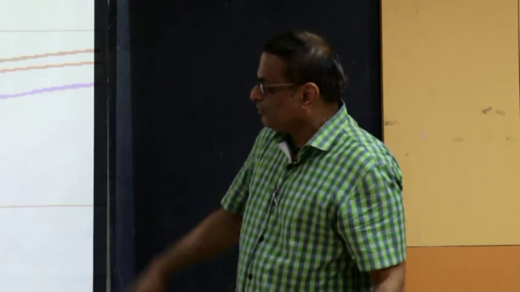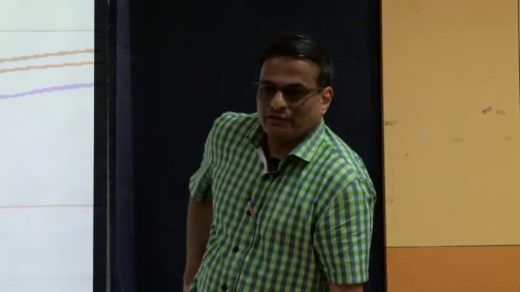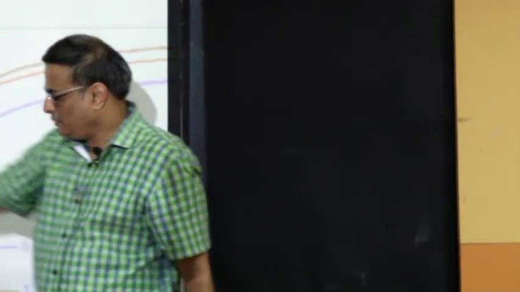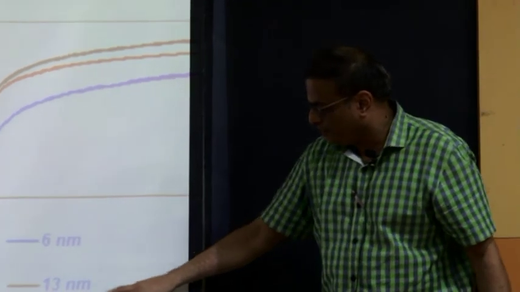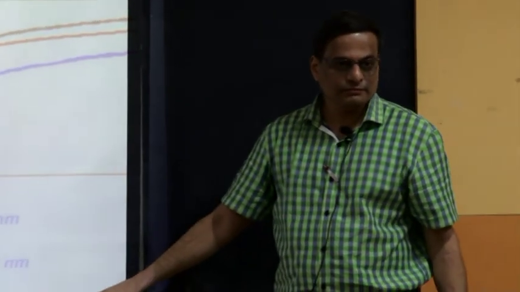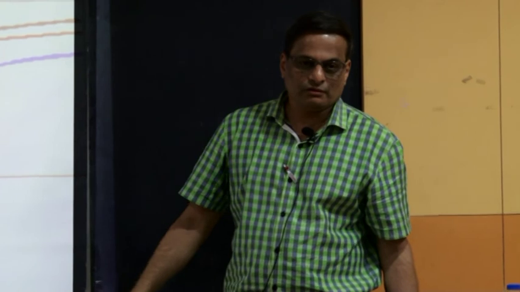So these are the magnetic properties. They're quite okay, I think. This is about 50 to 60 emu per gram, for 6 nanometers and 13 nanometers.